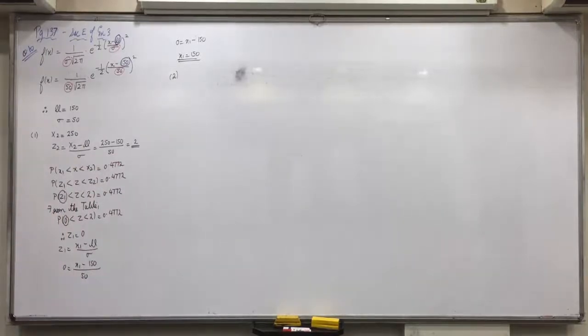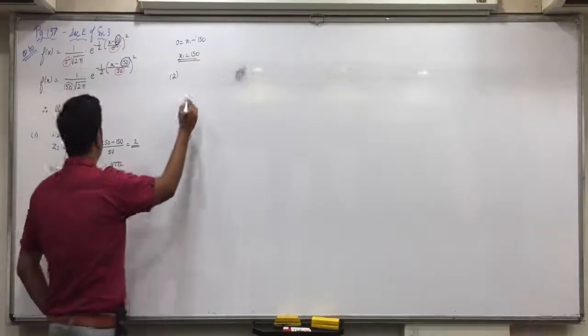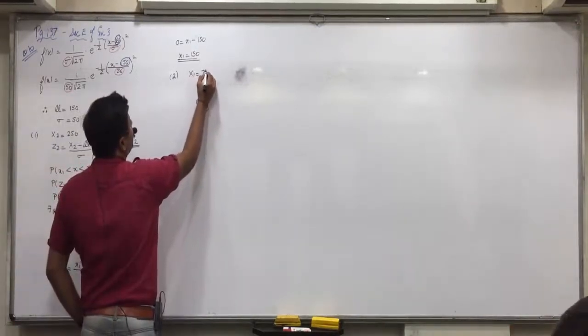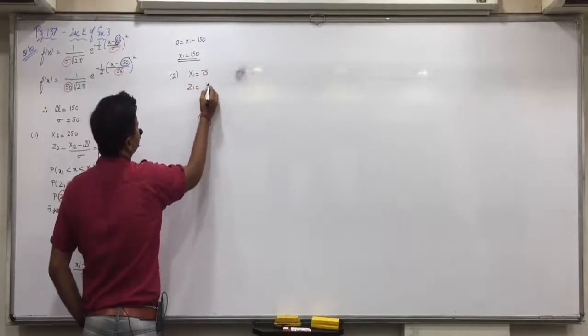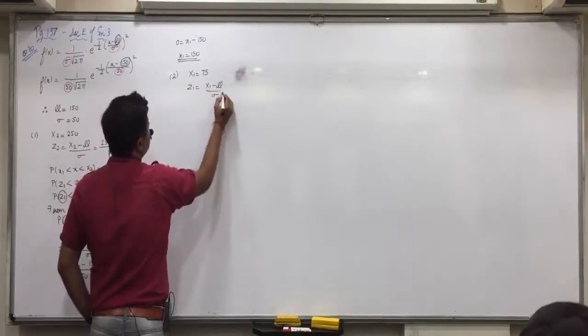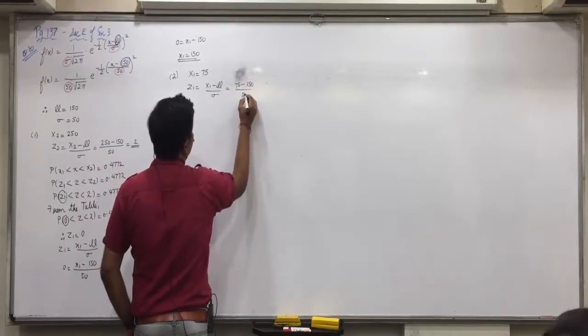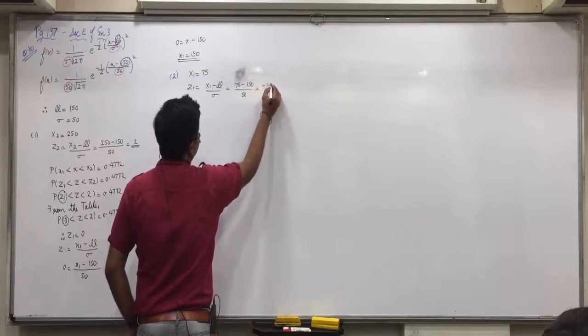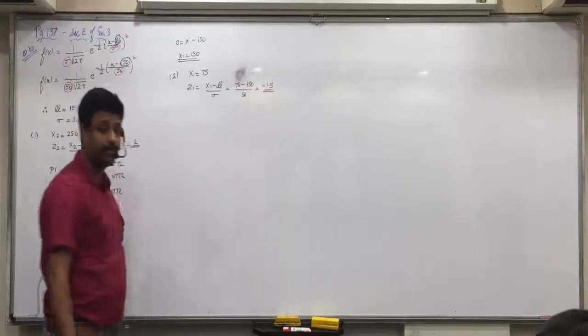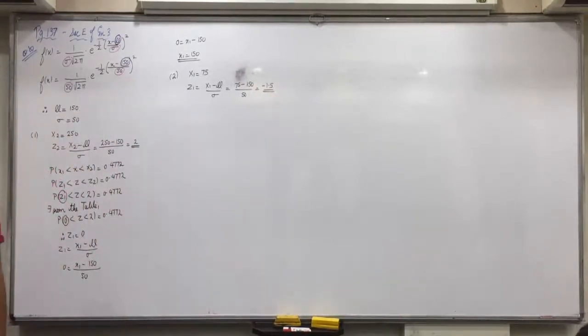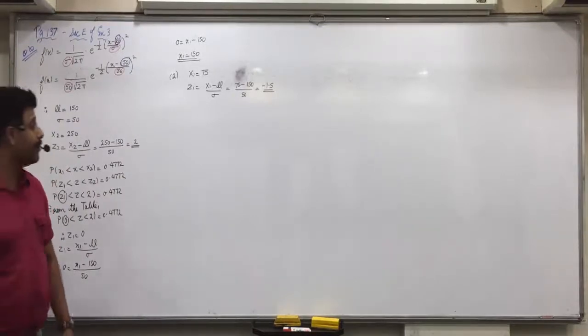Now in the second question, P(75 less than x less than x2) is 0.3539. So can I say 75 is x1? X1 is 75. First we'll find z1: (x1 minus mu) upon sigma, (75 minus 150) upon 50, that is minus 75 divided by 50, minus 1.5.